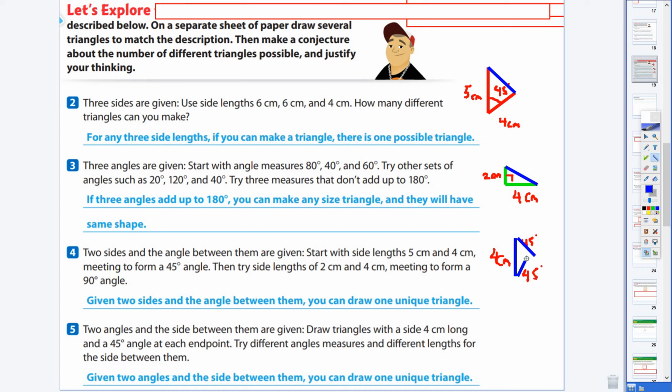If those are 45 and 45, there's only one unique triangle. Let's review this. If you have the lengths of 2 sides and an angle measurement, then you can only create one unique triangle. If you have 2 angle measurements and 1 length of side, then you can only make one unique triangle.